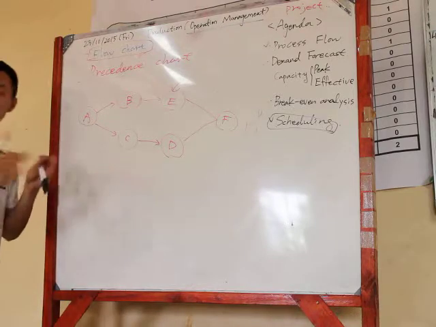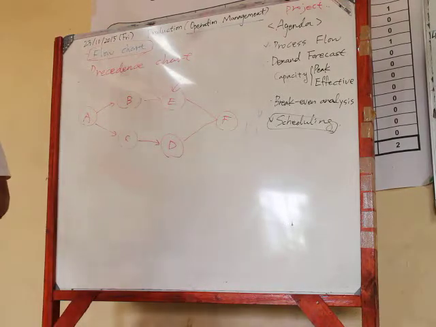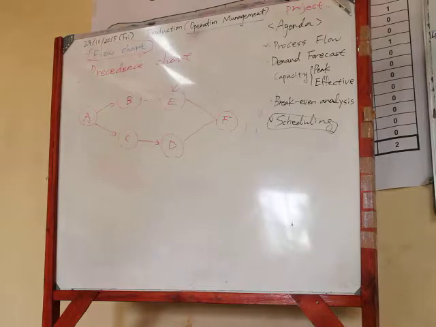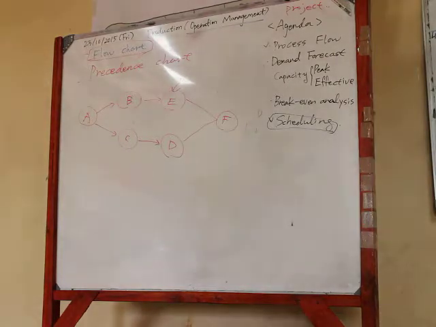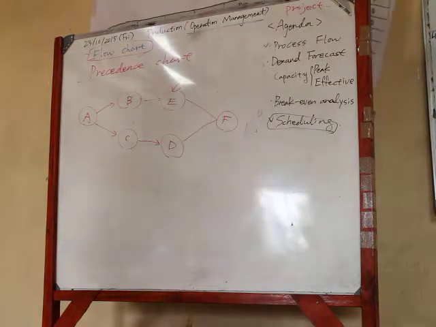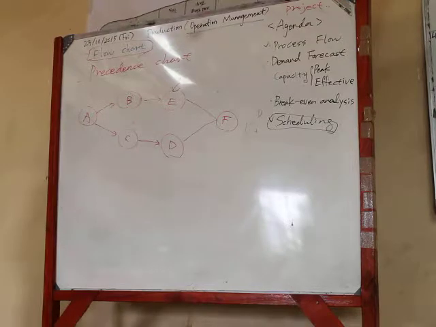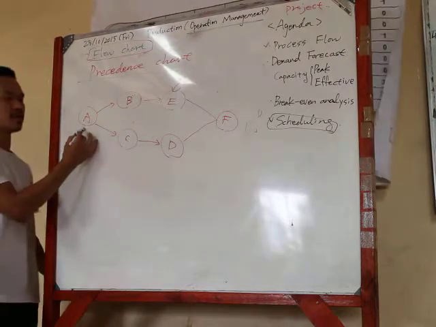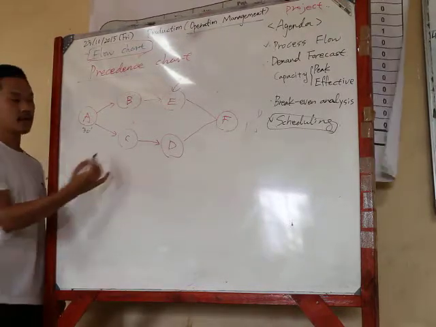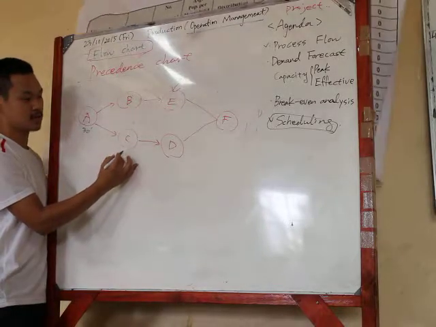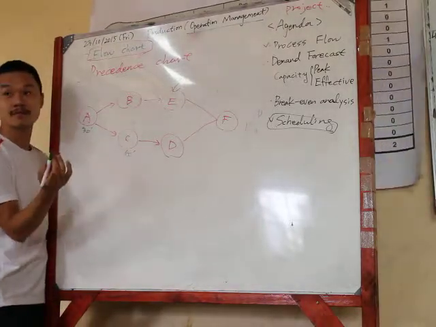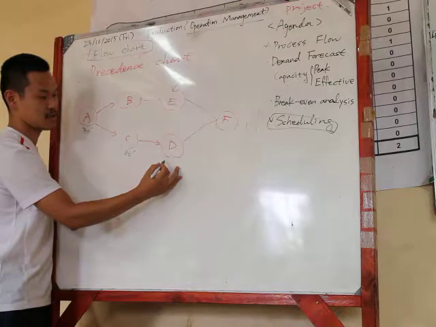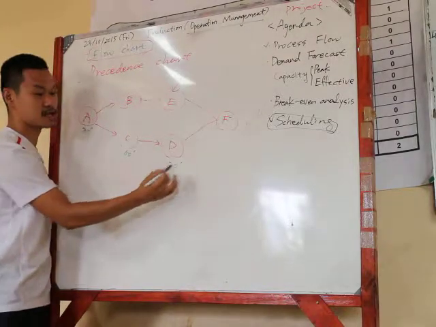So you know which one comes first and which one comes later. And by drawing like this, you know where it takes more time, like a bottleneck. Let's say this one takes 30 seconds, and this one takes 60 seconds, for example. And this one takes 20 seconds.